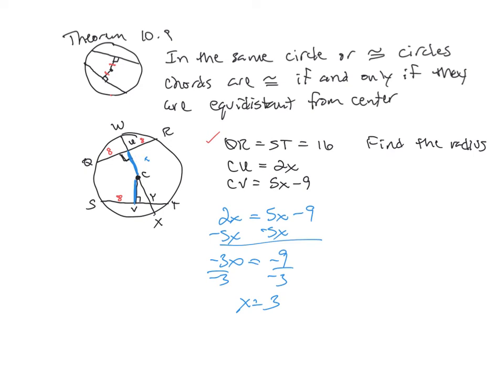So if x is 3, then that means that this is 6, and this is 6. So, radius from the center to the edge, and so here's where we kind of get some creativity.